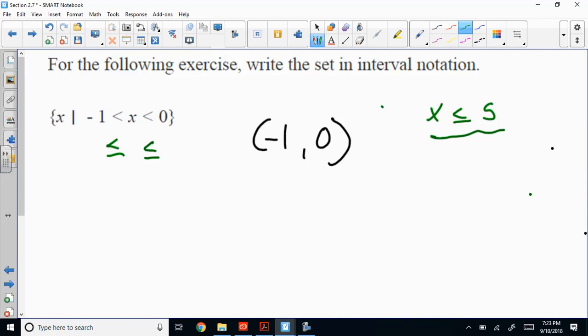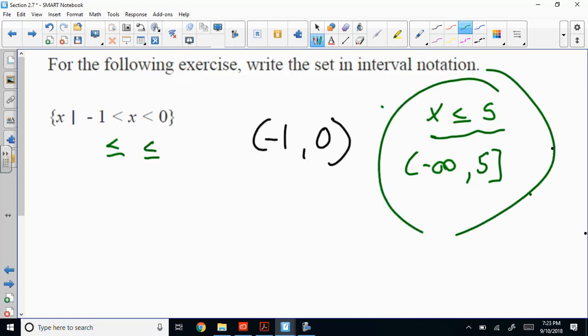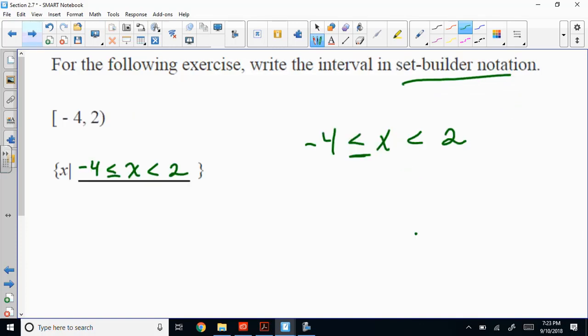Well, what's the smallest value you can have? Negative infinity, up to 5, and including 5, right? Anytime you're dealing with negative or positive infinity, period, it will always get a parentheses. Okay? So that's how you would do that. That's a good question, though. We're going to hit that in a little bit, but probably not with the interval.